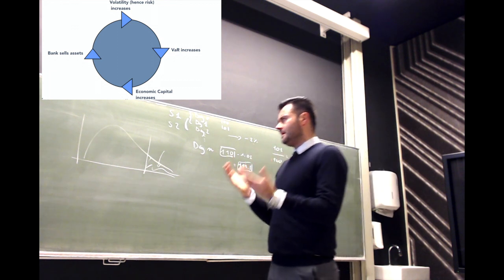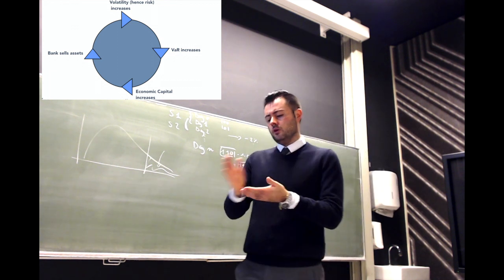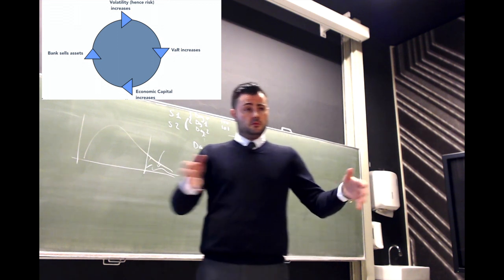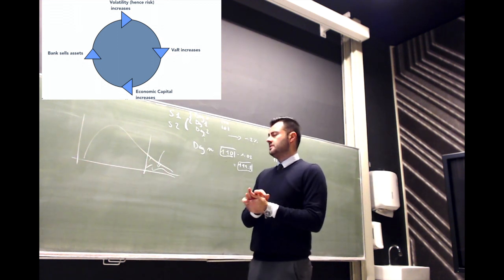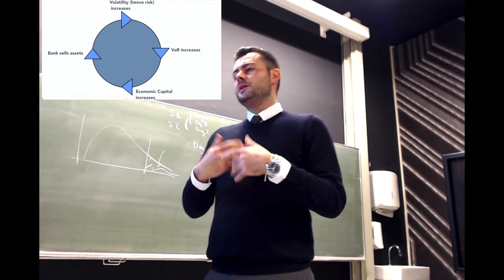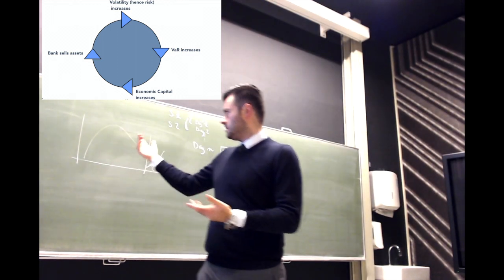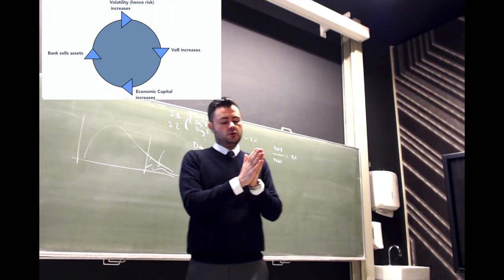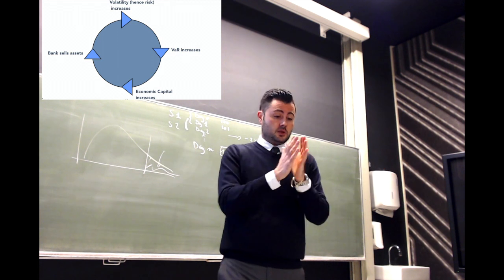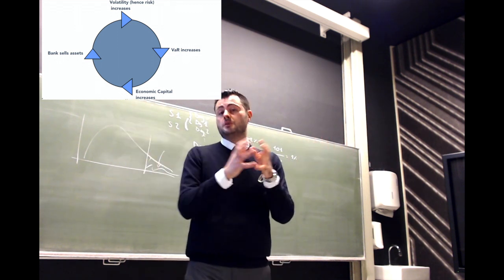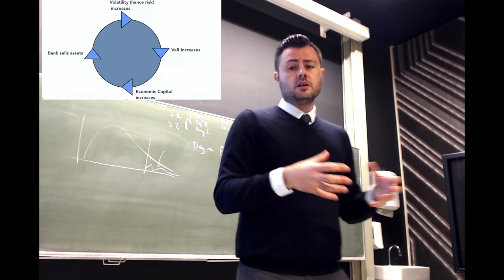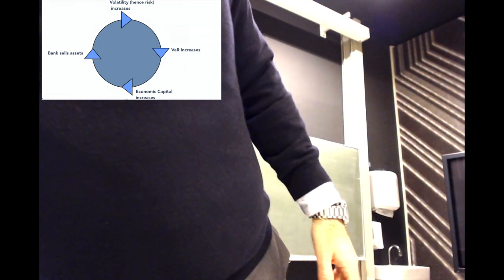Now, if volatility increases on the market for a substantial period, I'm not speaking about 1 day, 2 days, but for a certain number of days, you see a relevant increase in volatility, what do you expect for your loss distribution? Your loss distribution will tend to be more dispersed, because volatility is a measure of the dispersion of the observations in our data set. If volatility increases, the loss distribution becomes more dispersed.